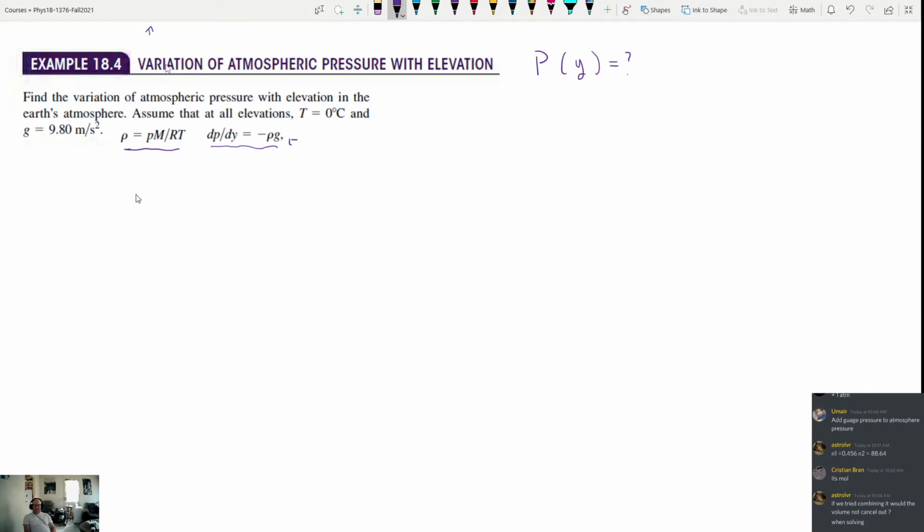So we have these two equations. Let's write them down. Rho equal to, and this equation here.